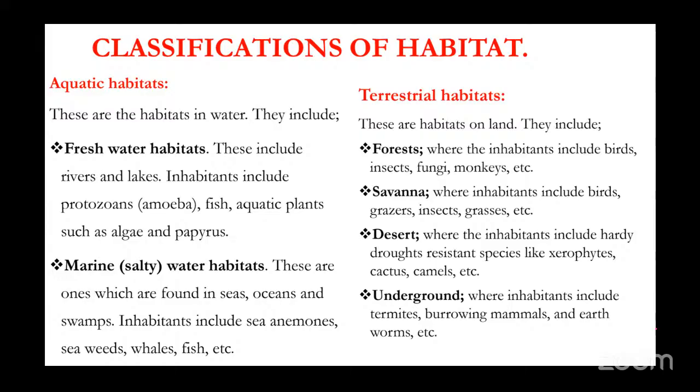So we have what we call the terrestrial habitats. Terrestrial habitats, from what we have here, have four good categories.